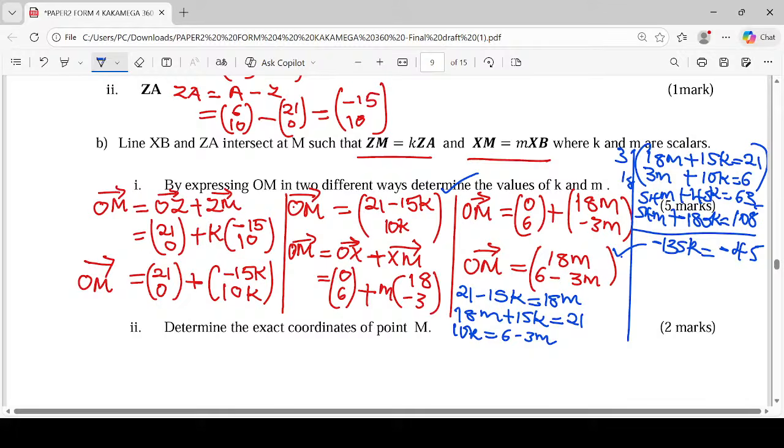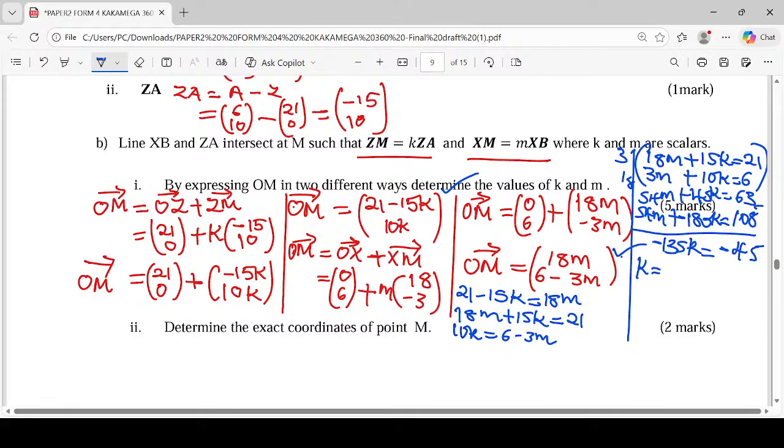So negative 135k is equal to negative 45. So what is the value for k, ladies and gentlemen? To get the value for k, we divide both sides by negative 135. When you divide by negative 135, you get the value of k as a third.